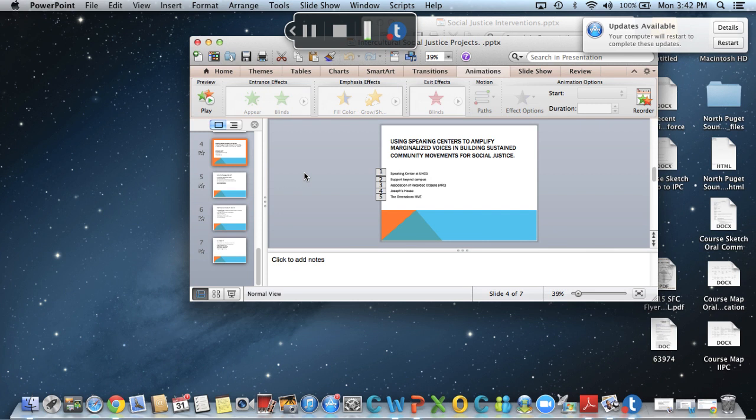So as you see, each one of these examples uses communication theory and centers communication in the advocacy project, in the social justice project. We would want you to do a similar type of project. It can be focused, it can be local, it can be particular to a smaller, specific project.